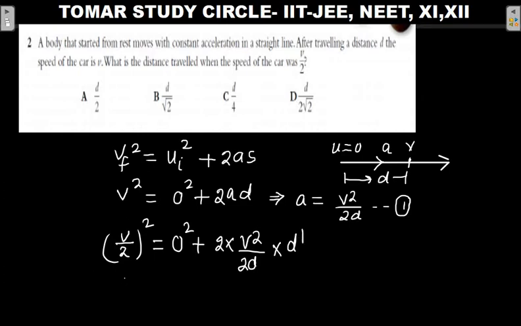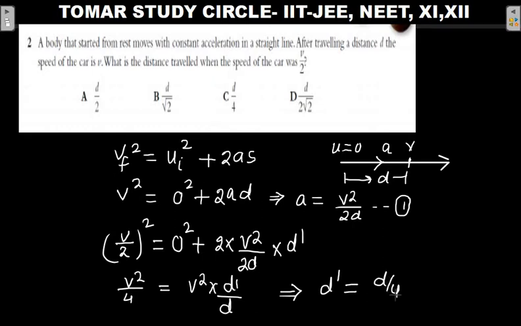Or we can write v square by 4 will be equal to v square into d dash divided by d. From here we can see that d dash will be equal to d by 4. Hence the correct answer is answer C, d by 4.